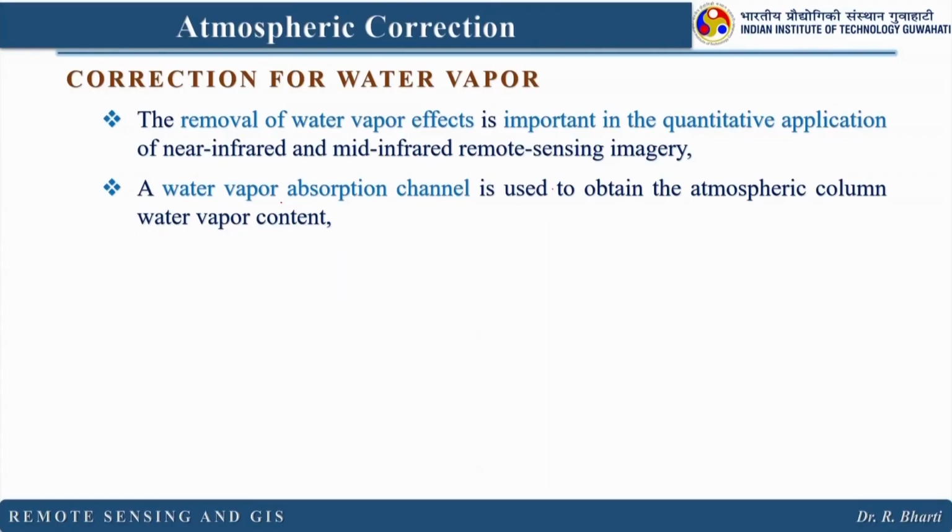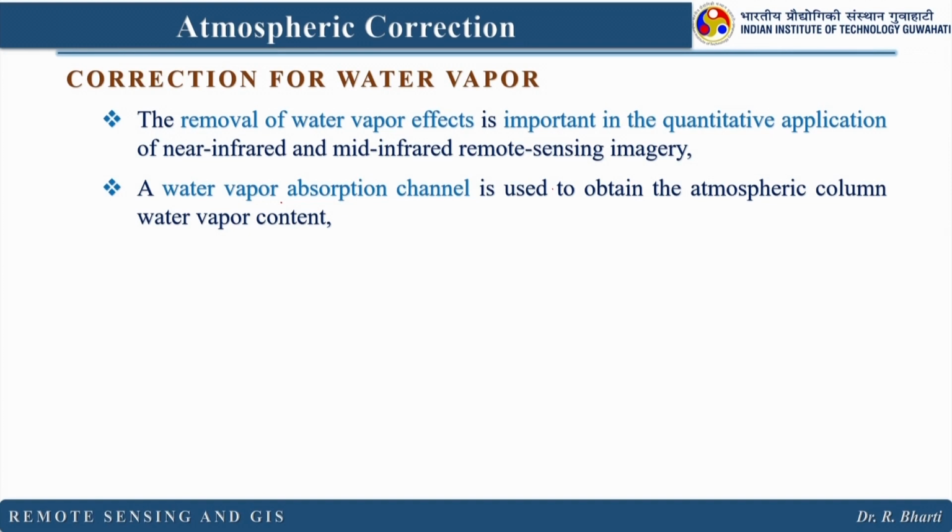So, the removal of water vapor effects is important in the quantitative application of the near infrared and mid infrared remote sensing imagery, right, that you have understood, because that is going to contribute more error in your measurement. So, a water vapor absorption channel is used to obtain the atmospheric column water vapor content.